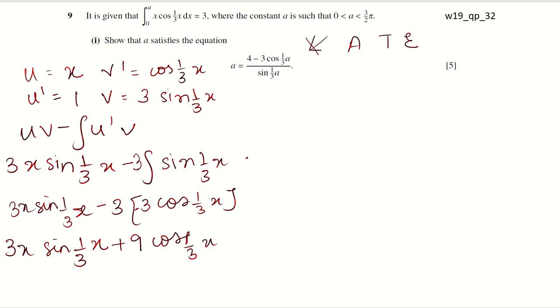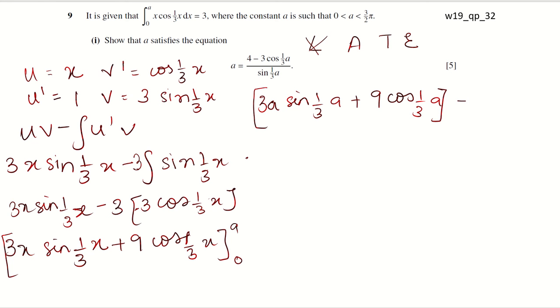Okay, so after that, you'll have to put your limits, right? You have your limits a and 0. So 3a sine 1 by 3a plus 9 cos 1 by 3a minus, now if you put 0, if x is equal to 0, this whole term will be multiplied by 0, and that's going to be 0, right?